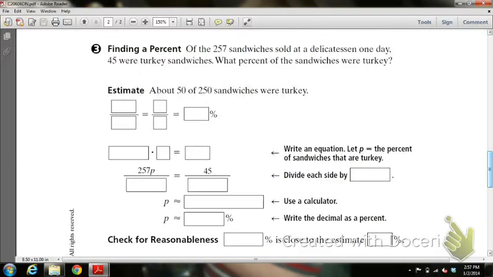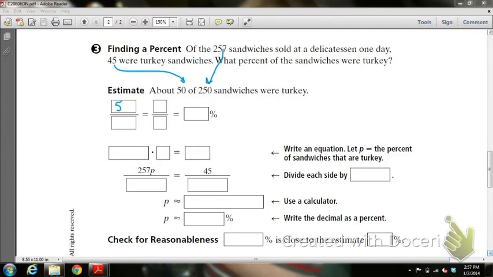Now we need to find the percent. Of the 257 sandwiches sold at a delicatessen one day, 45 were turkey. What percent of the sandwiches were turkey? Okay, so we're going to do a little estimate here to check for reasonableness. 45 is really close to 50, and 257 is really close to 250.